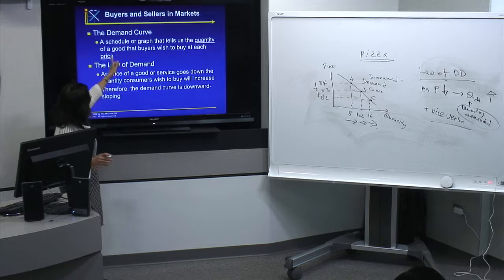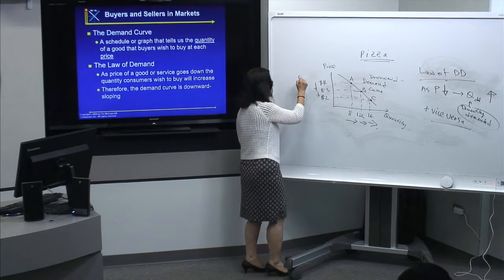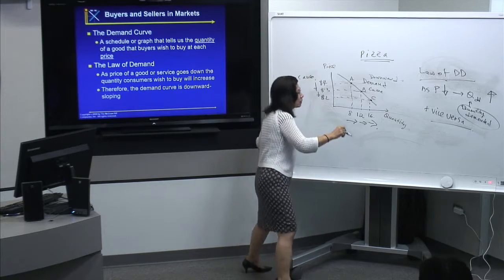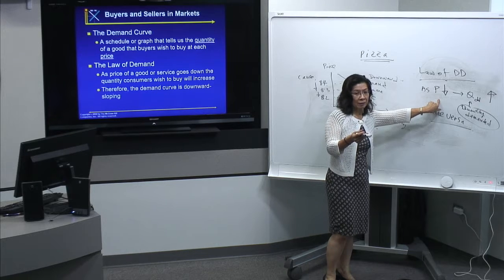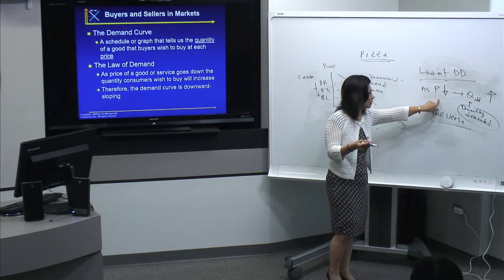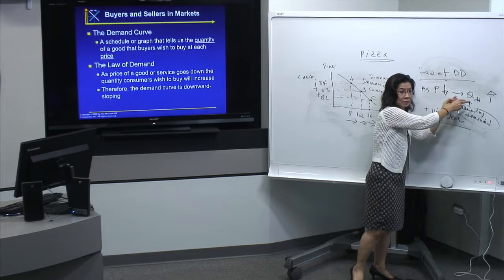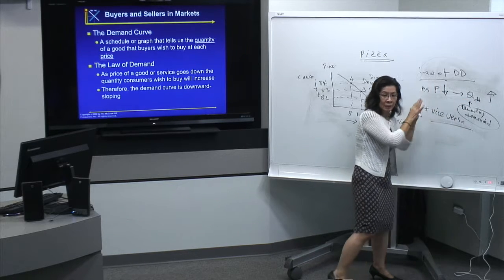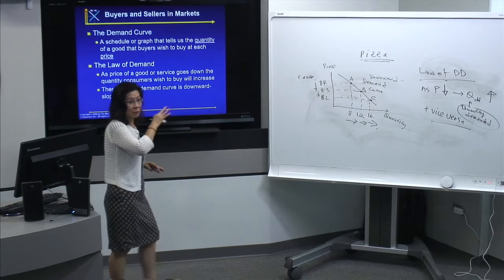It tells you the quantity of the good that buyers want to buy at each price. In other words, the cost is the price. You start out with the price first. This is very important because I see a lot of students in homework assignments explaining it the other way. This is the cause, this is the effect, because a higher or lower price affects how much you're going to buy.